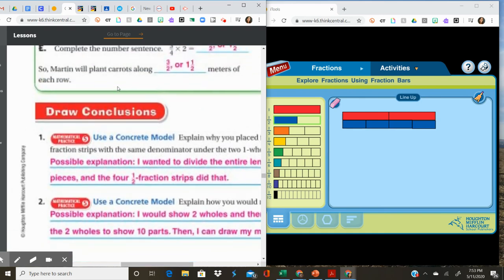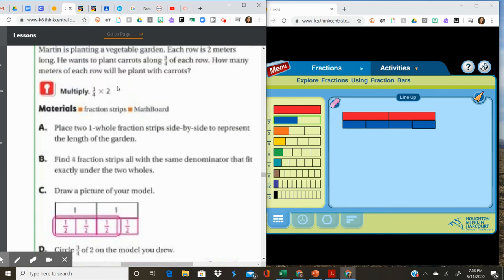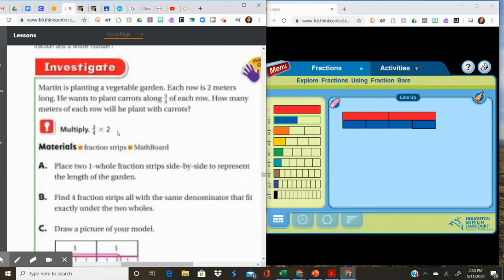I need a different page. But that's what you're doing. You're exploring, but recognizing that today your product is actually going to be smaller than 2 wholes, or smaller than whatever number is right here. You are multiplying it by a part.